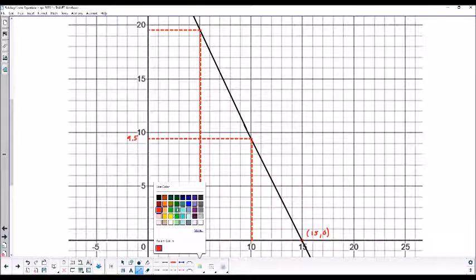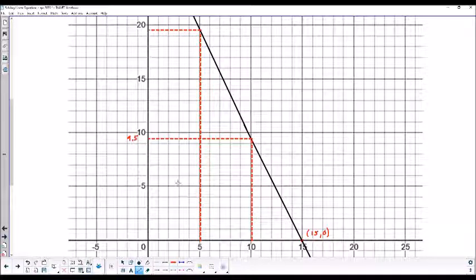We can do the same thing in the other direction. What's the value of x when y equals, let's say, 14? Y equals 14 here. I come across to hit the line and then straight down vertically. I'm off a little bit for my estimate, and that's another reason why we're just calling these estimates.